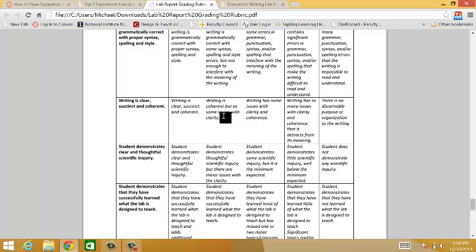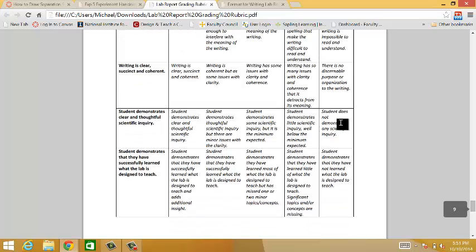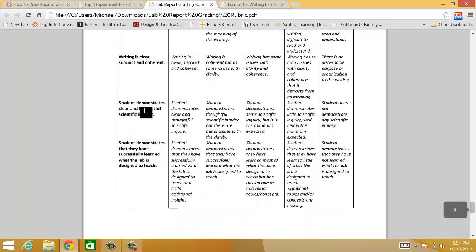So then you can see, do we have some clarity issues? Do we have clarity issues to the point where I'm beginning to wonder what you just wrote? And there's just no discernible purpose or organization in the writing. Try not to do that. Student demonstrates clear and thoughtful scientific inquiry.